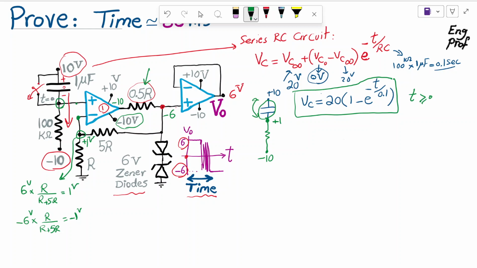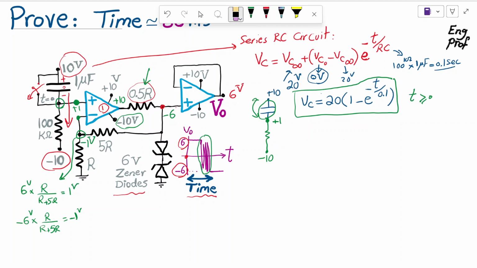As soon as it's negative 1 here, then if the positive terminal is still plus 1, we go back to the previous situation, because now the positive terminal has higher voltage, so it becomes plus 10. So the circuit basically gets into a transient region. It starts oscillating.